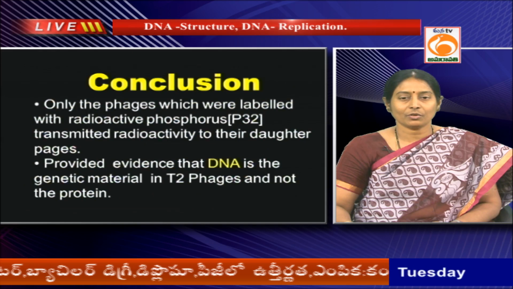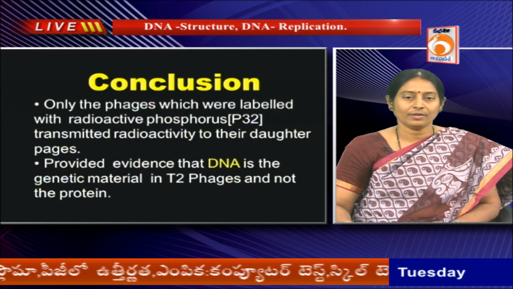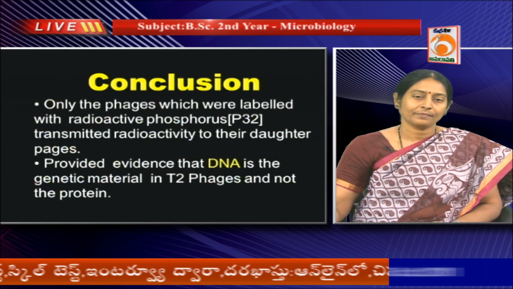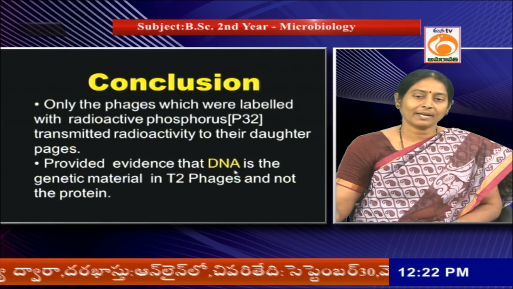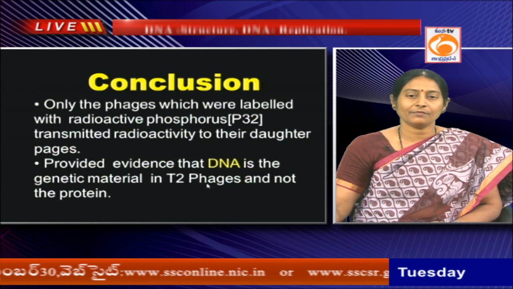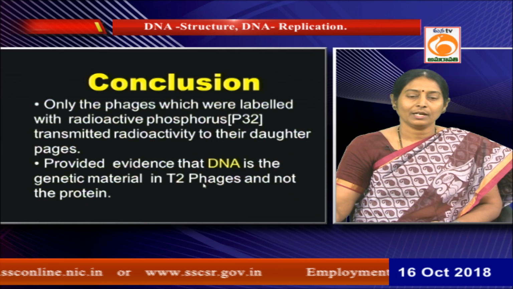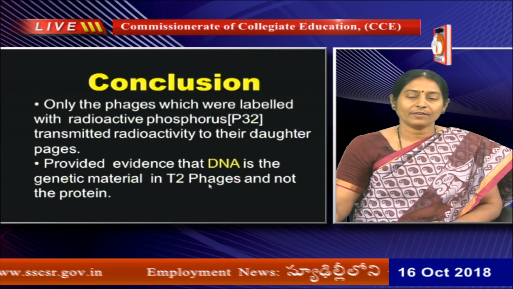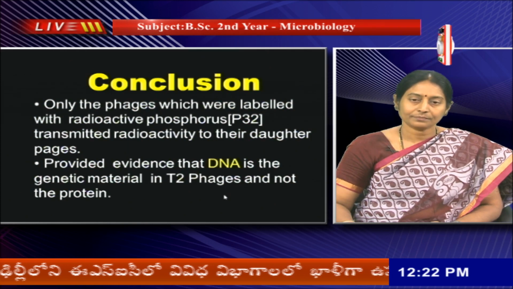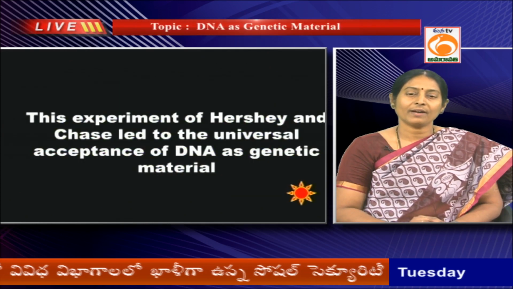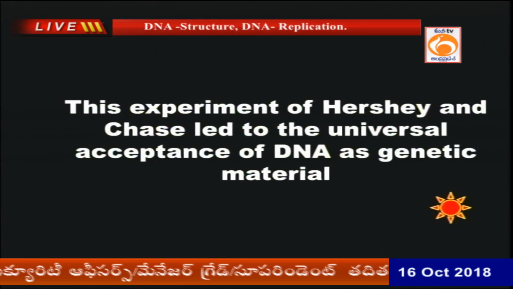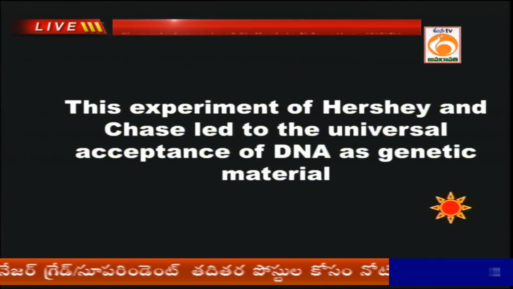So, that means they were not responsible for the formation of new viruses, but it was only DNA that entered the host bacterial cells, and as it has the genetic information of T2 phages, it was transferred from one phage generation to another phage generation. So, this way the findings of Hershey and Chase led to the universal acceptance of DNA as the genetic material.